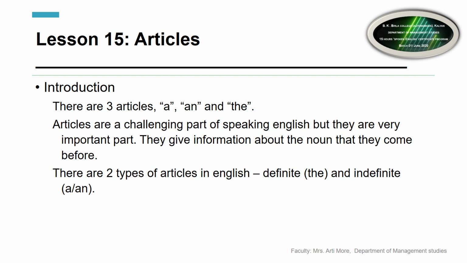Articles are a challenging part of speaking English, but they are a really important part. They give information about the noun that they come before. Using articles incorrectly can make your sentences confusing or sometimes sound strange. And mistakes with articles, students, are really quite obvious.